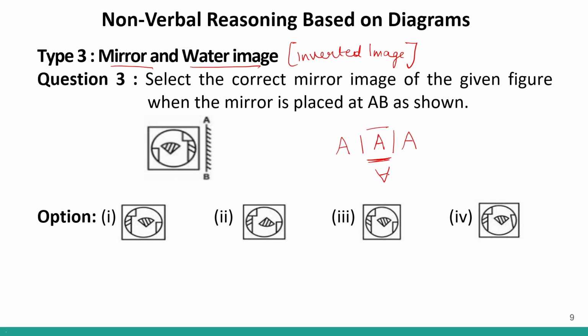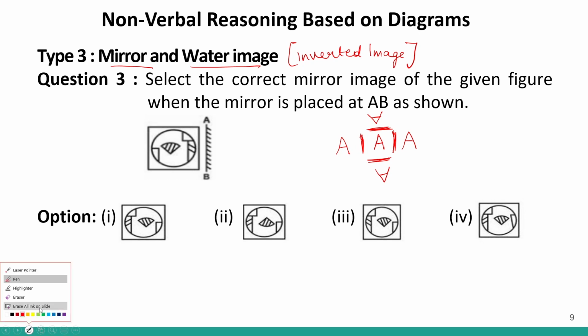Correct? Similarly, if the mirror is placed here, the reflection will give me something like this, inverted images. So this is how you solve questions on mirror and water images. You have to make sure what is the position of the mirror as well. That also matters. So over here, the position of the mirror is this AB.